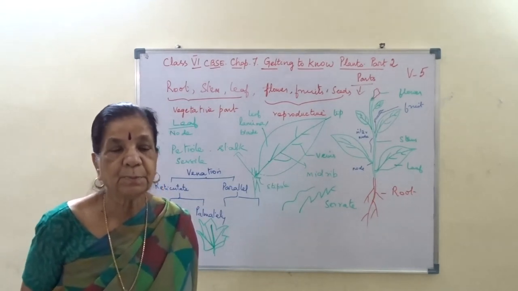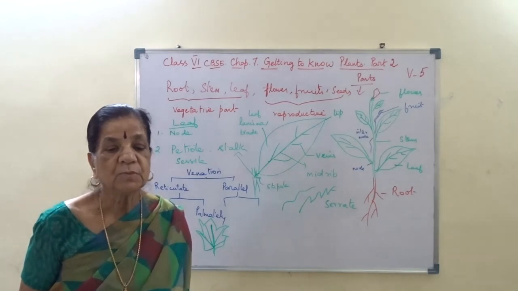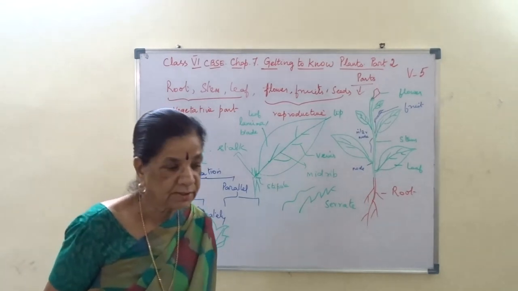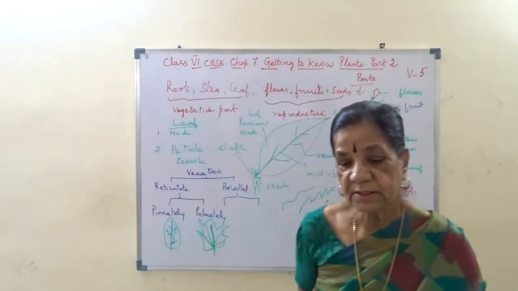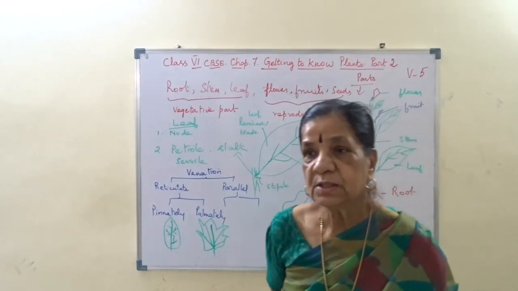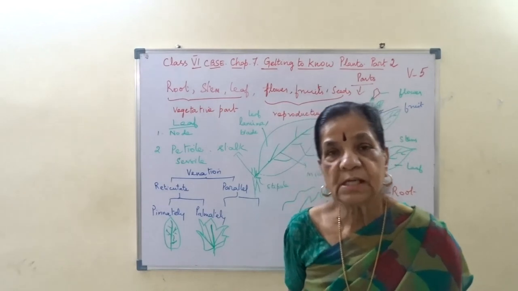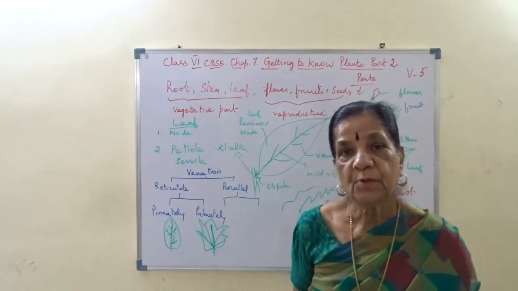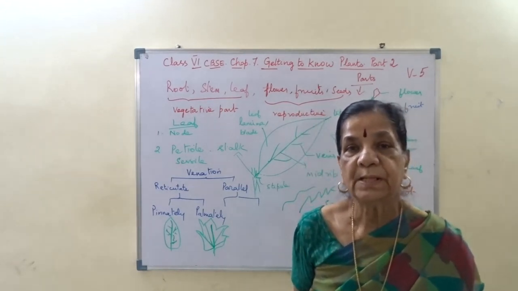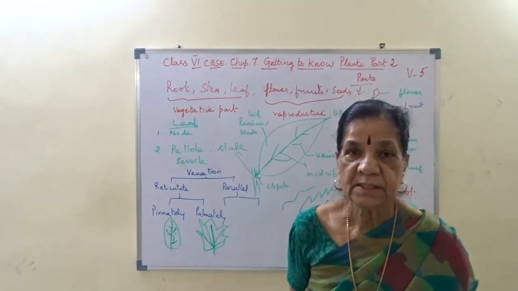Now there is a question. You are given a leaf and asked to observe the venation. Then you are asked to say what type of root system the plant will have. What can you say?